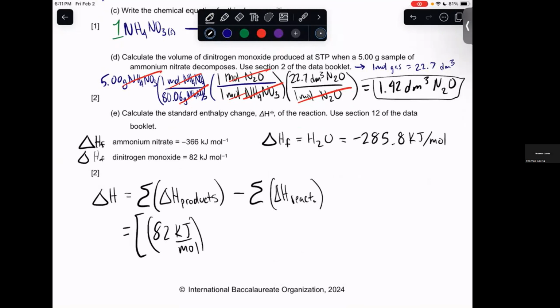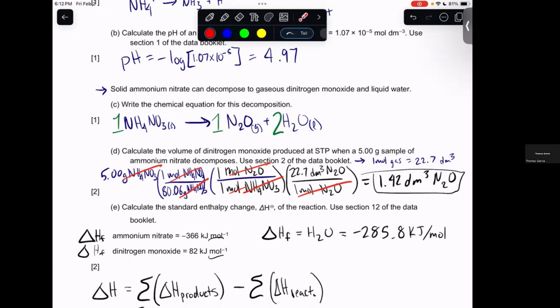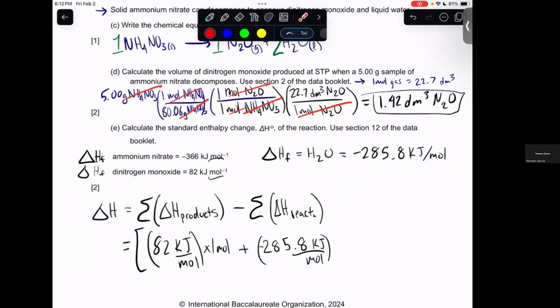We're going to assume that we have 1 mole, times 1 mole. And we're going to add that to that of water, which is negative 285.8 kilojoules per mole. But if we look at our balanced chemical equation, we have 2 moles of water for every 1 mole of dinitrogen monoxide. So we're going to say times 2 mole. All right, and that is our product.